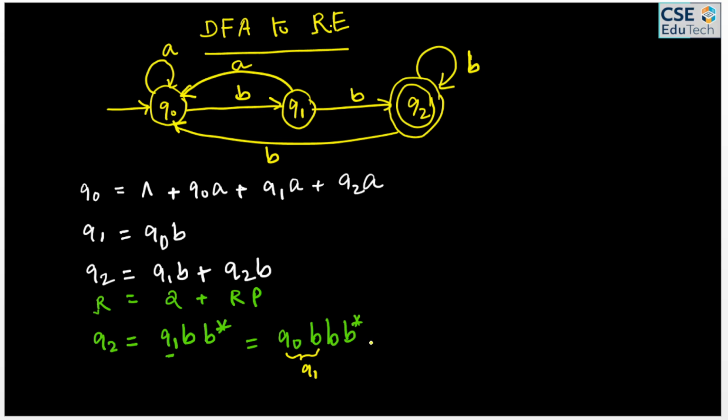Now if we put this value in the equation for Q naught, what will happen?